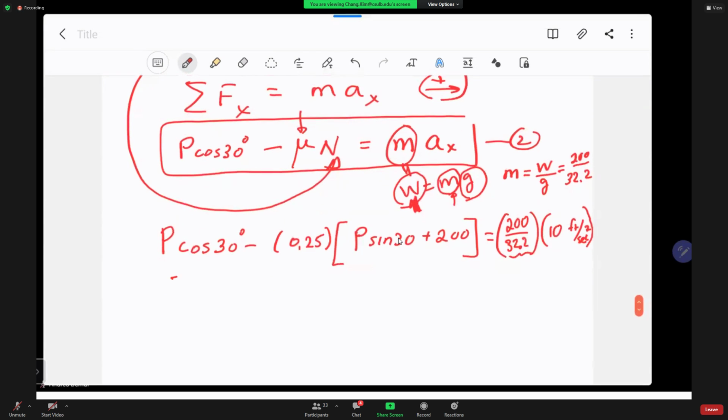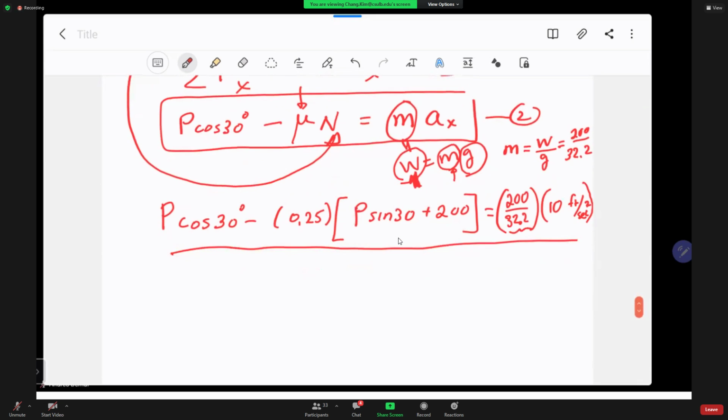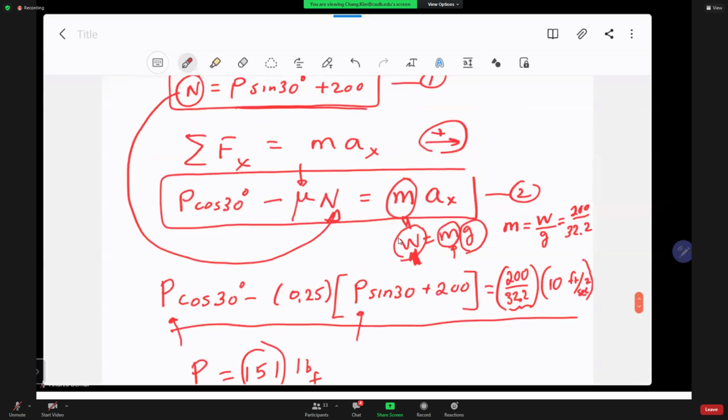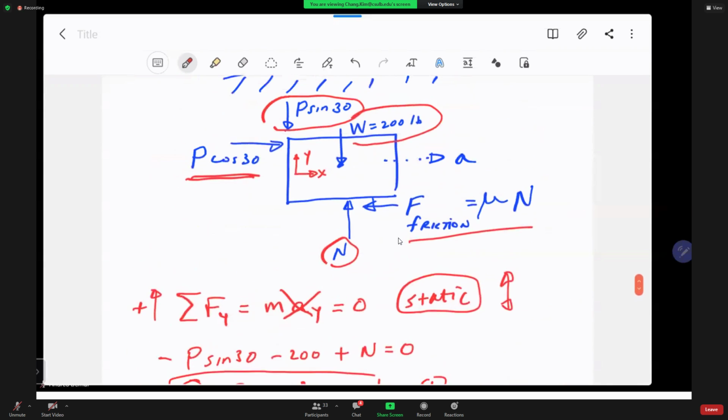So now you have one equation and one unknown, which is P. If you solve this, I'm going to cheat a little bit. You see my notes? The P is 151 pound force.